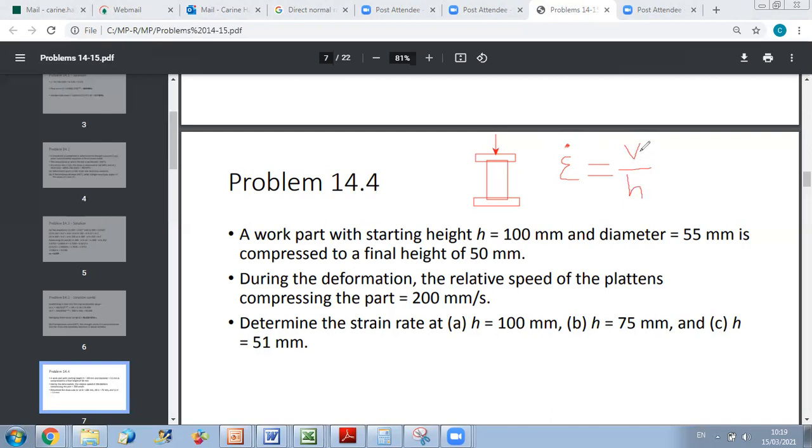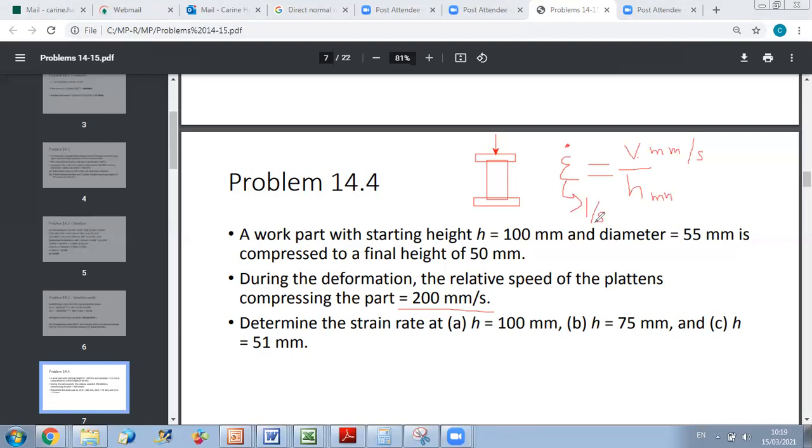Okay, and the value of V can be in meter or millimeter per second, depending on the problem. Here, for example, if they give the velocity in millimeter per second, then you should provide the height in the equation in millimeter in order for units to simplify and get at the end the strain rate in 1/second.